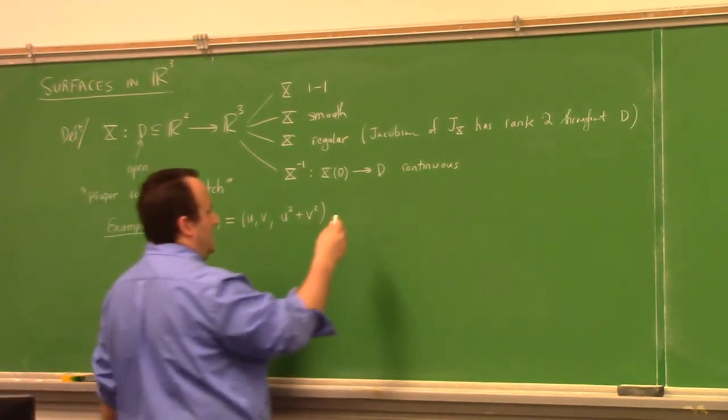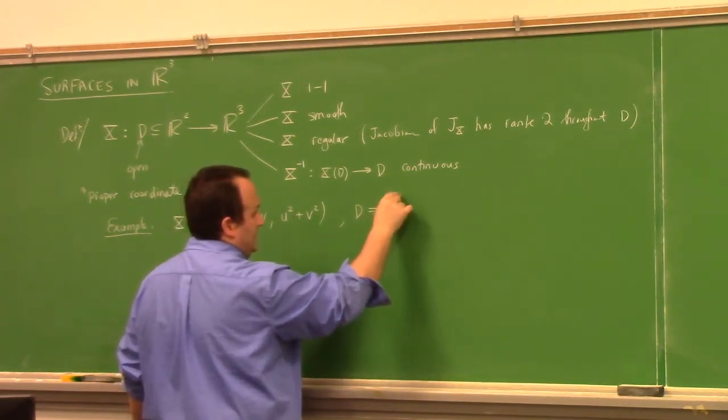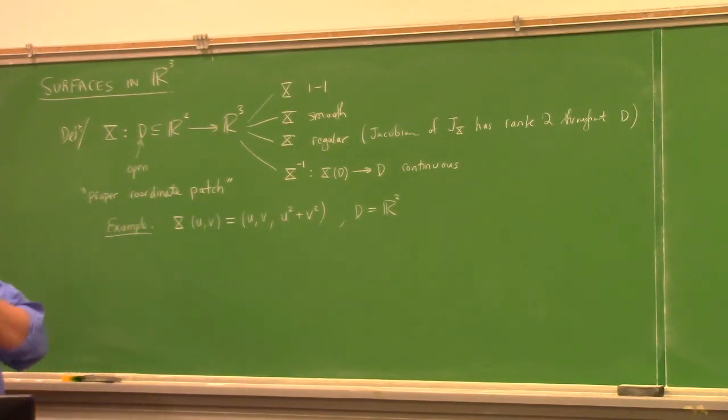Well, D is a subset of R2. Well, I'll say D is equal to R2, just to be lazy. All right? D is equal to R2. That's an open set. A set is open if any point in the set has an open disk around that point. It's got no solid edges. It's only got fuzzy edges.